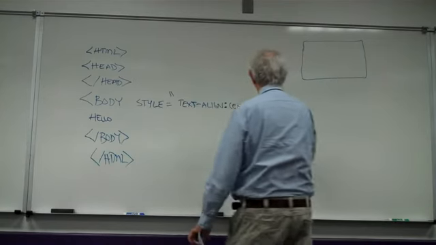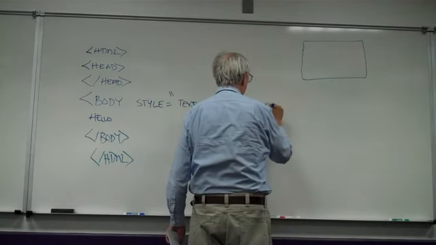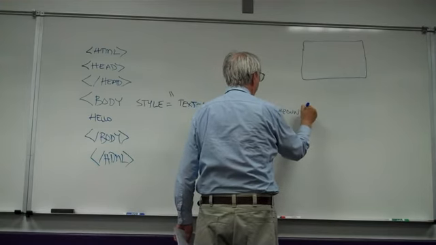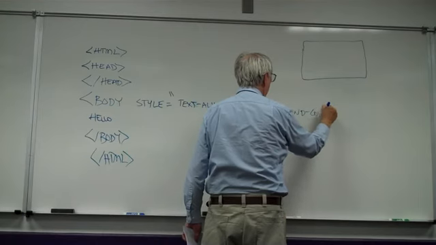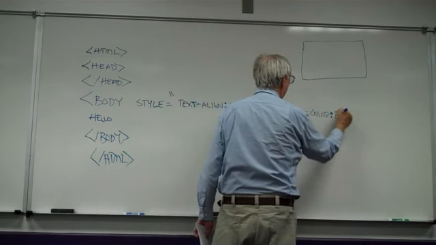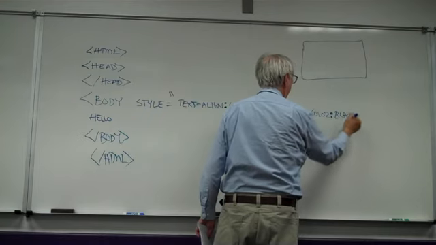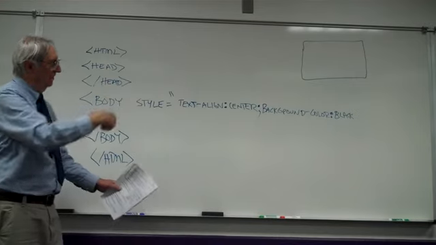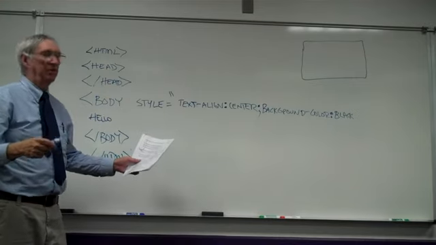But now I want to say the background dash color, colon, black. If I just ran this program, put a thing over there, quotes, and finished it, it would give me a black background.